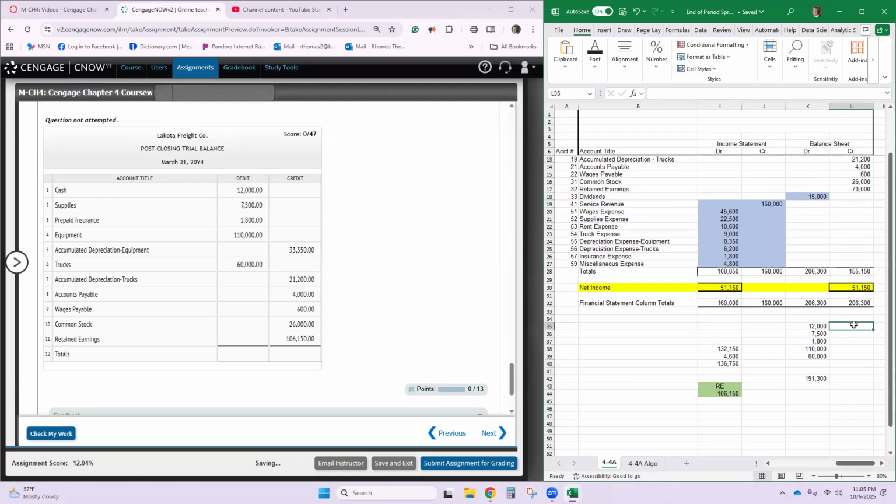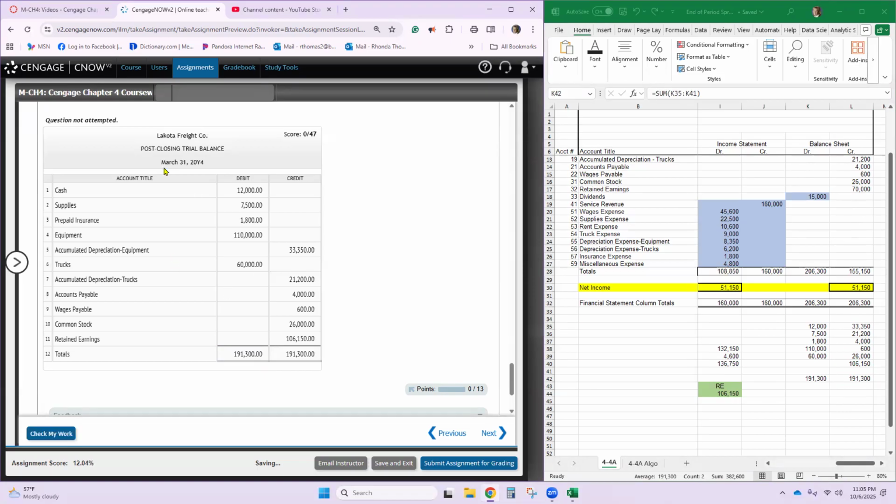Let's do the other side. 33,350, 21,200, 4,600, 26,000, 106,150. Let's just see if we match. Yes, I think we're okay. 191,300, 191,300. And once again, these are your permanent accounts.